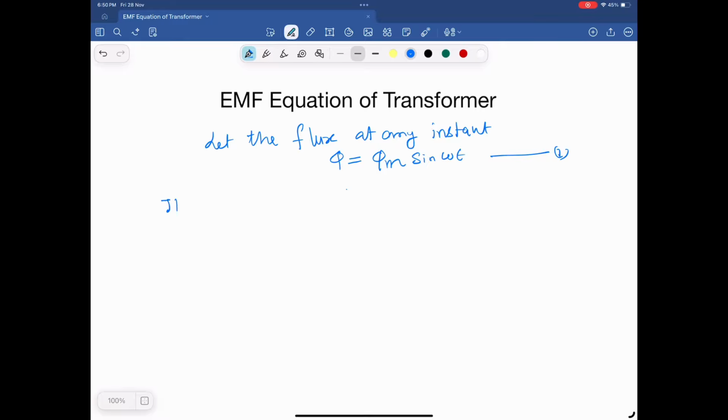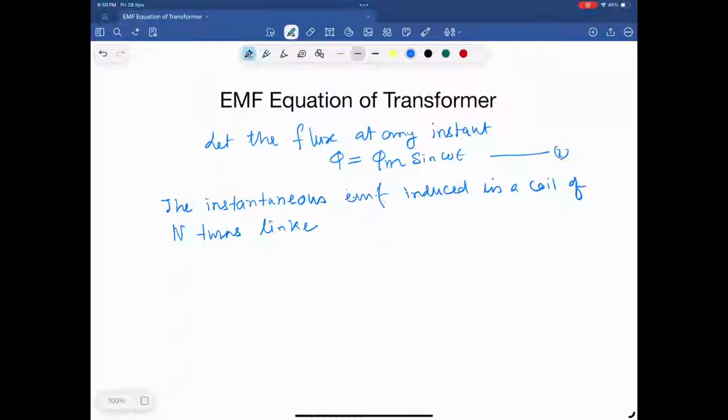So a sinusoidal flux is produced. As this flux links the winding, an instantaneous EMF is induced in a coil of, say, N turns. I am not specifying the primary or secondary winding; in any coil with a changing flux, EMF is induced. Here we have taken an N turn coil.